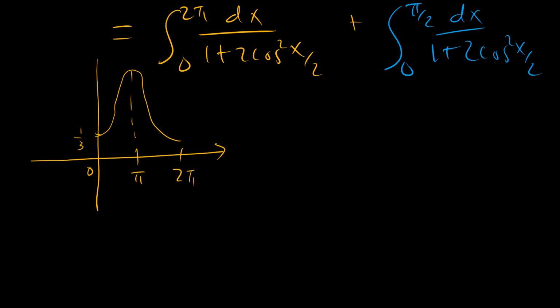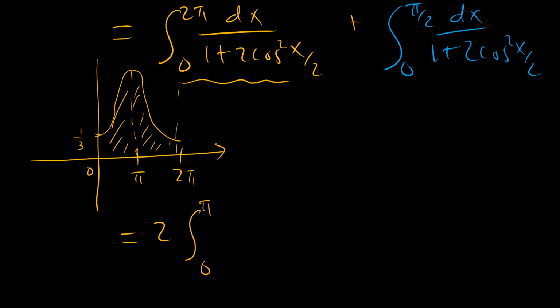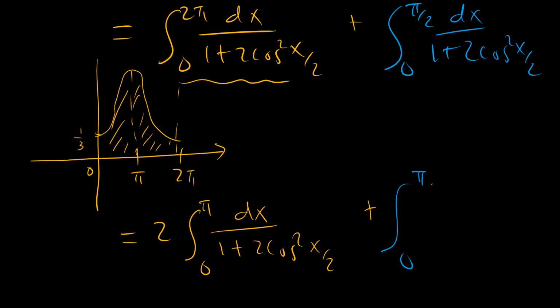And as we can see, this part here is the same as this part. So this integral here becomes twice the integral from 0 to pi of dx over 1 plus 2 cosine squared x over 2, plus the integral from 0 to pi over 2 of dx over 1 plus 2 cosine squared x over 2.